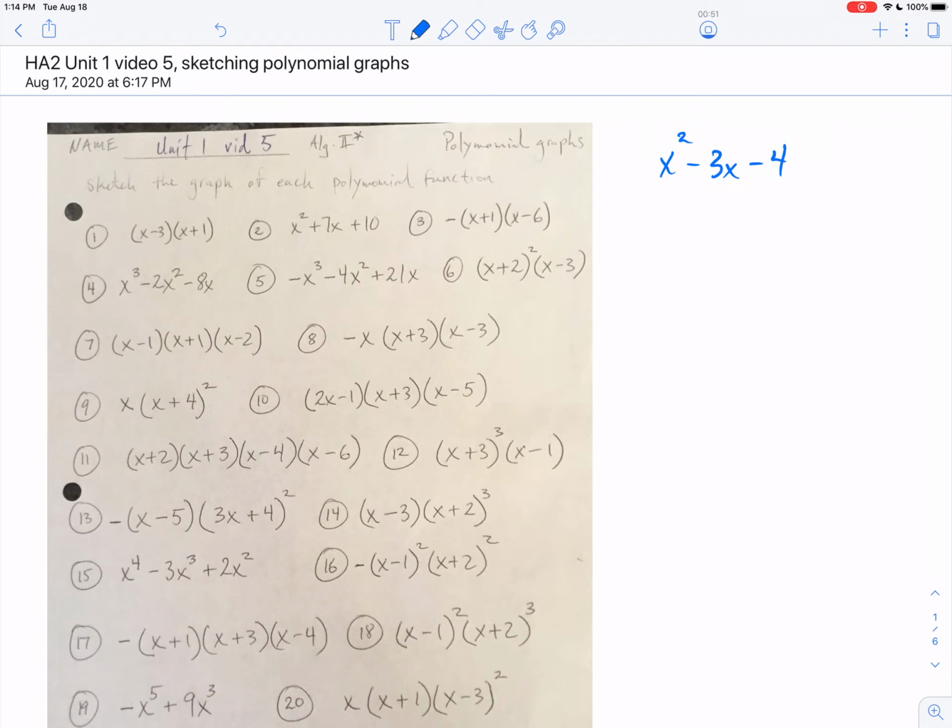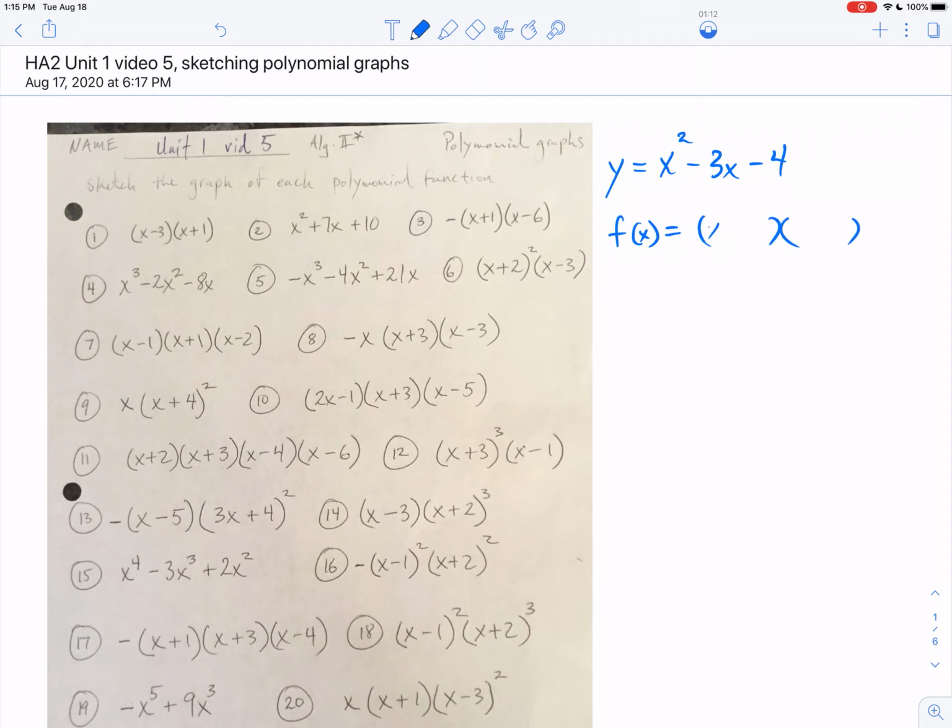Now, here we go. If I'm going to graph this, normally I would call it y equals that, or I might call it f of x equals that, or what the heck, I could call it g of x, different things. We will get into more function notation later, but here's what I'm basically going to be doing.